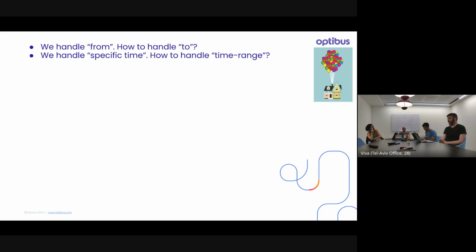For example, what happens if you come at 8, it will take you 20 minutes. If you go at 9, it will take you 25 minutes. If you go at 9 and 7 minutes, you will never reach because there are no trips, and so on. So there are several product questions about what we want to handle in a time range because it's not so clear what the product is.